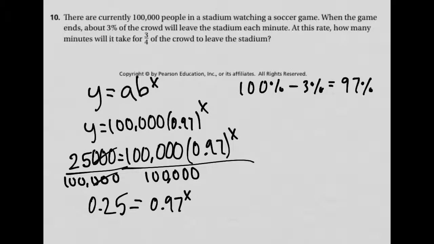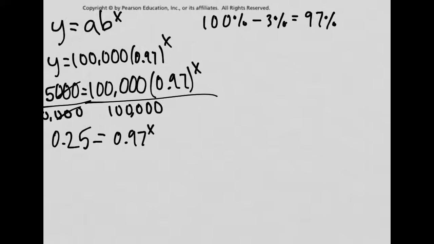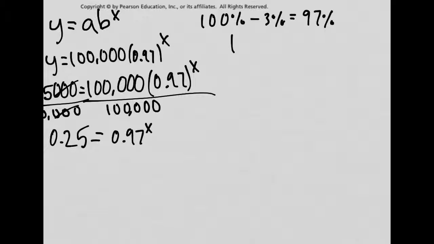And now we're going to apply the way we learned to solve these equations. We can solve this using logarithms. Take the log of both sides. Let's continue over here. So log of 0.25 equals log of 0.97 to the x power.